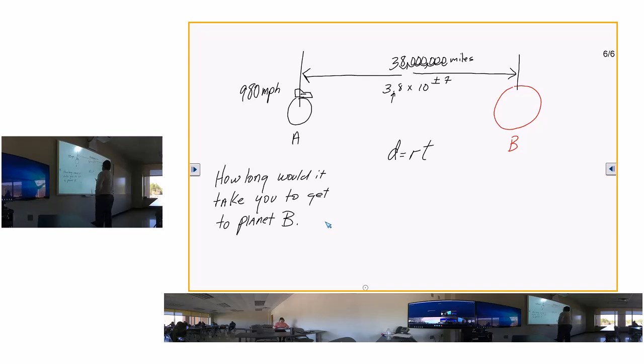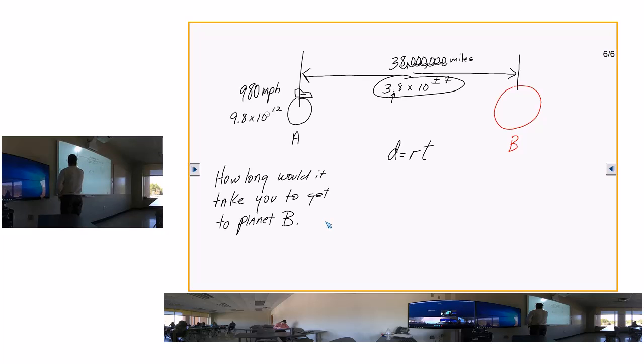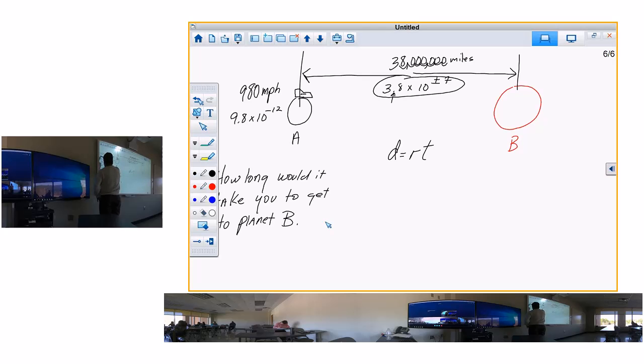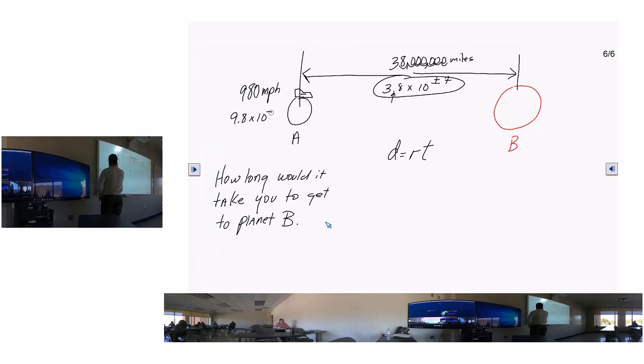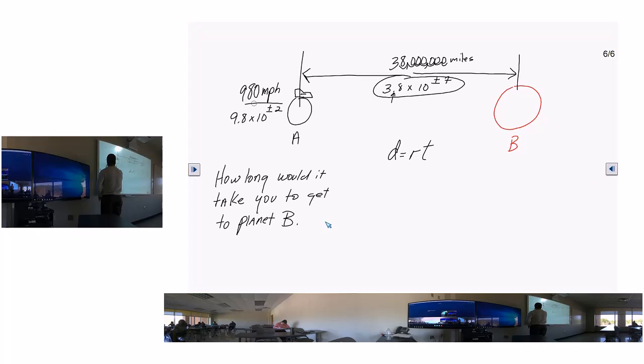All right, so there's one thing that we need. The other one is right here. 9.8 times 10 to the 2nd power. Blank, 2nd power. To the right. And there's the second number.